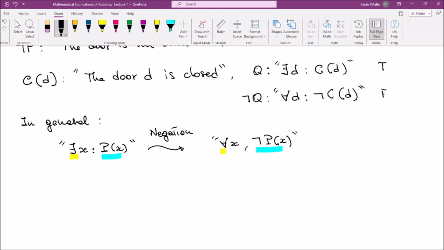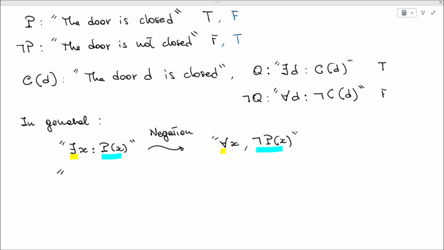Of course, we can do the same if we start with the proposition with the universal quantifier, for every x p of x. Well, the negation of this proposition would be obtained by just replacing the universal quantifier with the existence quantifier and p of x with not p of x.